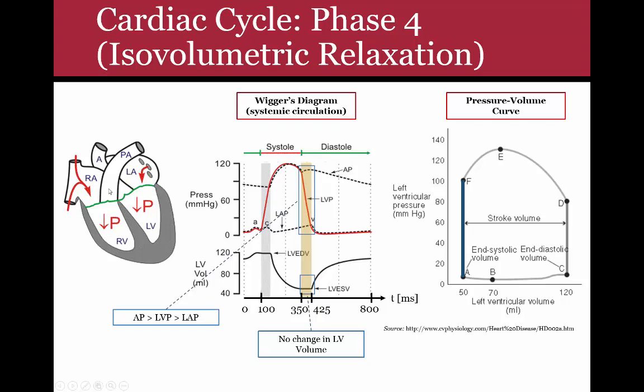It decreases below the aortic pressure, but because this valve does not allow backflow from the aorta to the ventricle, this valve is closed, but you're still above the atrial pressure, which again, this valve here does not allow flow to go from ventricle to atrium, so all valves are closed, which causes a decrease in pressure, but no change in volume. And that's seen here. This line, no change in volume.